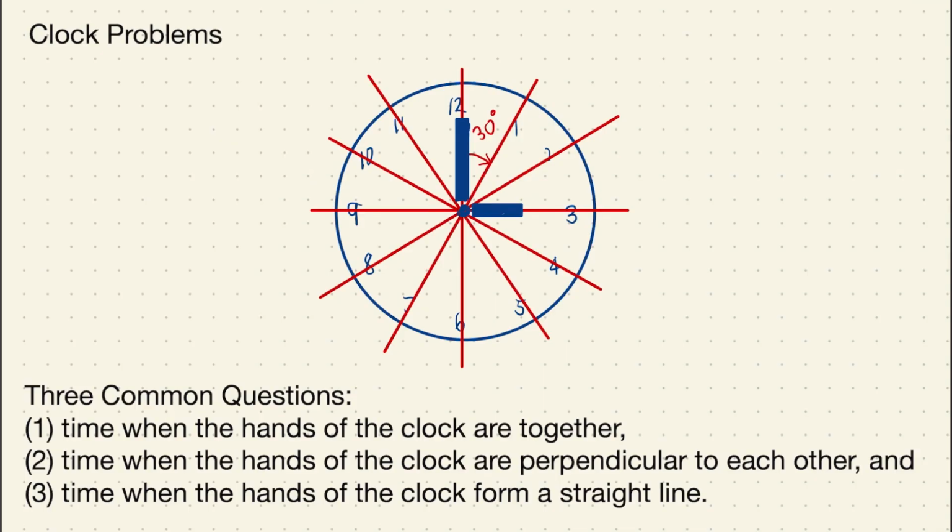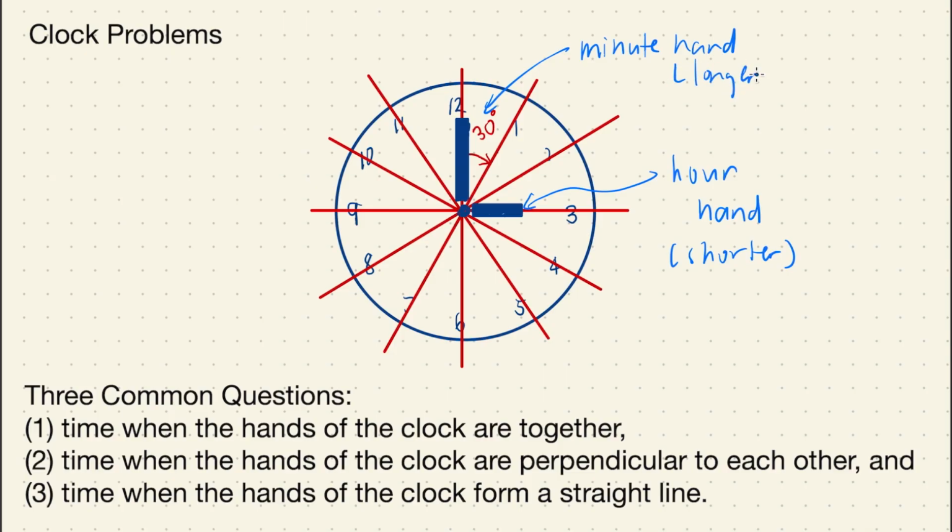Just for starters, we have our hands. The hour hand is usually the shorter one. Then we have the minute hand, which is the longer one.